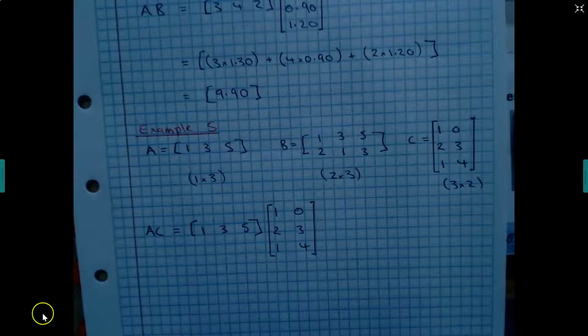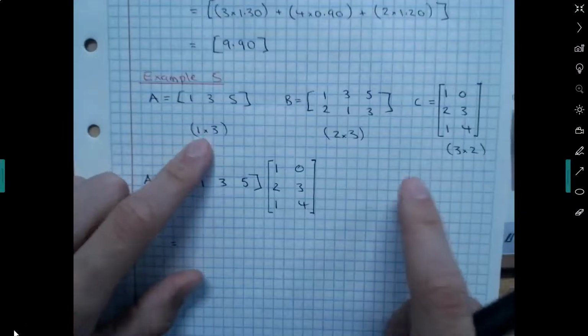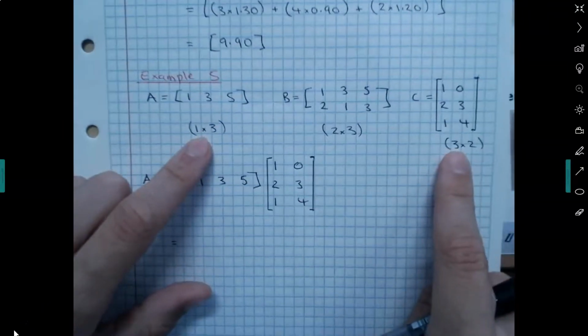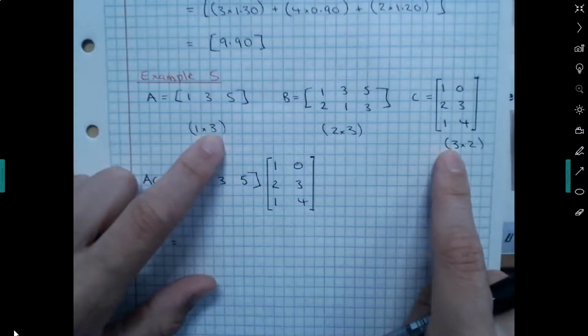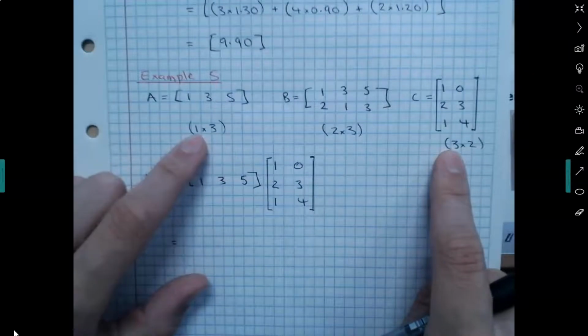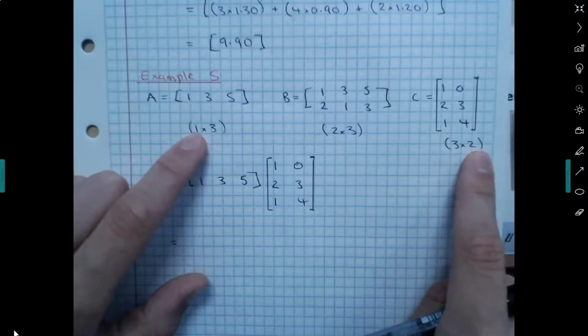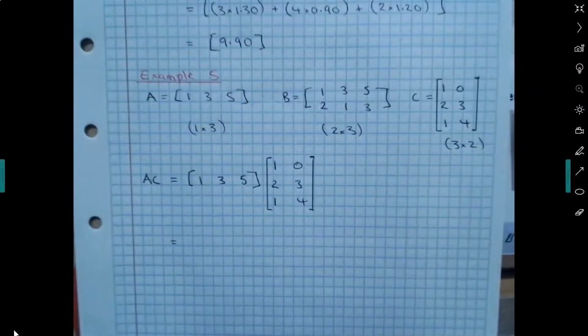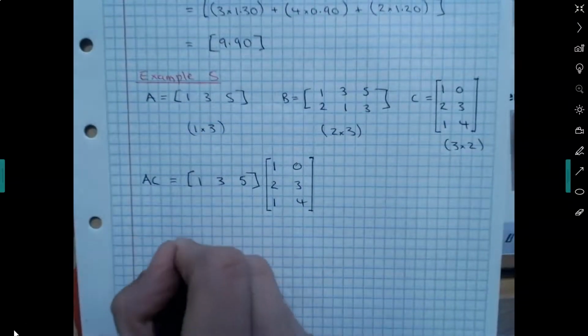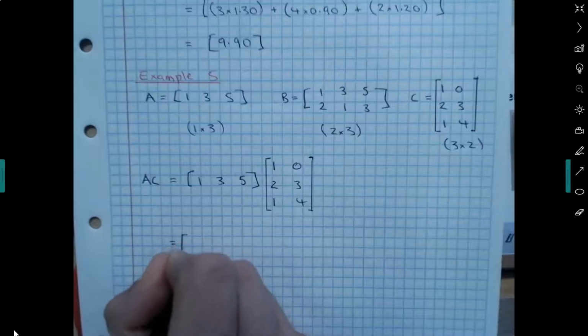I'll just pause it whilst you copy it. Like I said, since this is a 1 by 3 and this is a 3 by 2, since those numbers there are the same, we can do this multiplication. And the resulting matrix is going to be a 1 times 2, so 1 row, 2 columns.